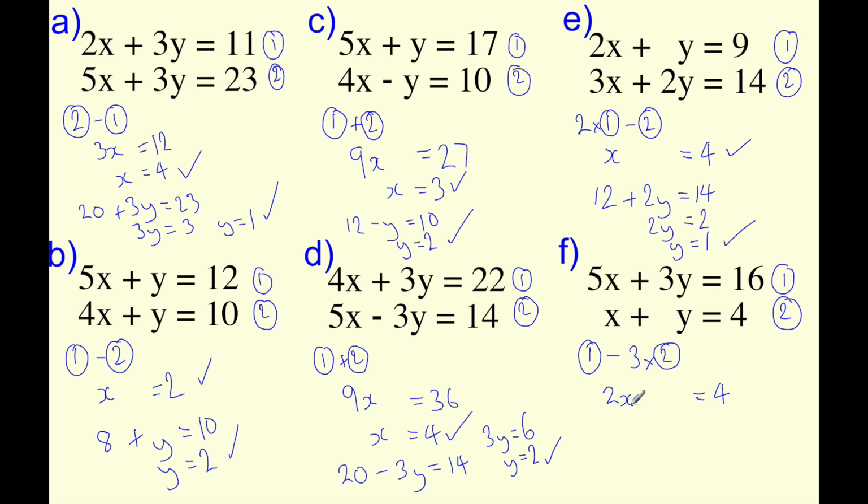So I've got 2 lots of x is 4, so 1x is 2. So I'm going to use that, substitute in. I've got 2 plus y is equal to 4, so y must equal 2. Let's just check that then. When x is 2, 5 lots of x is 10, y is 2, 3 lots of 2 is 6, 10 plus 6 is 16. So again, we know that those are correct.